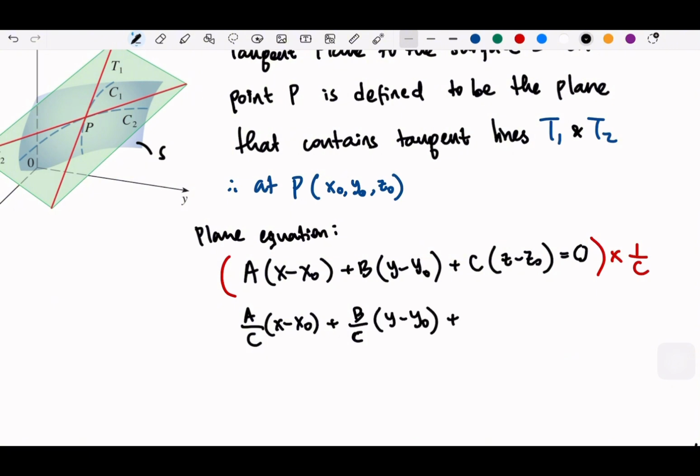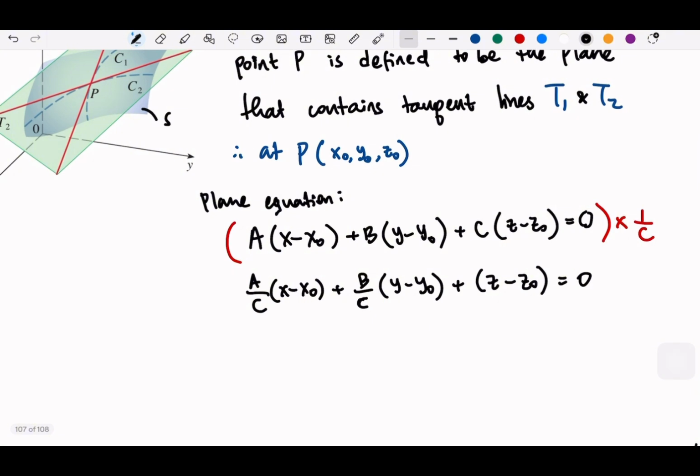And let's move all the components. So the left side will be z minus z0, and I will move this component to the right side.